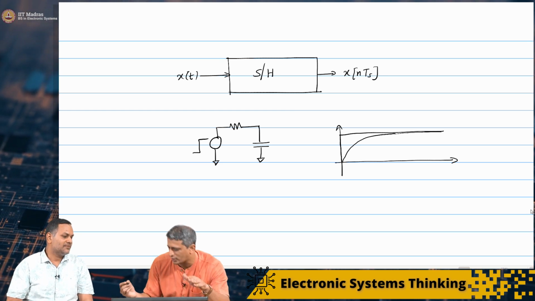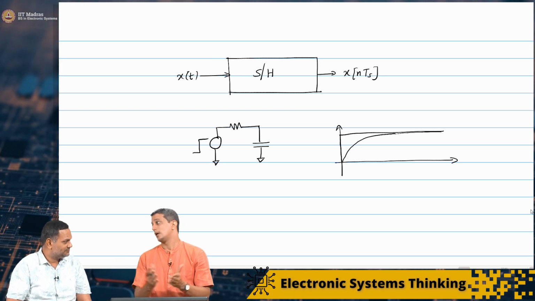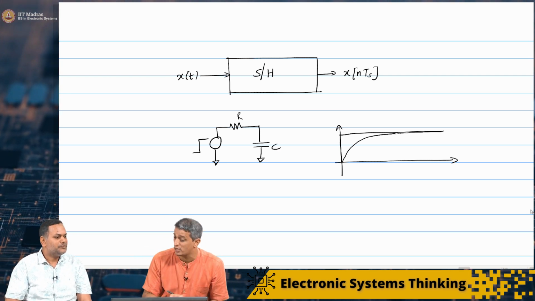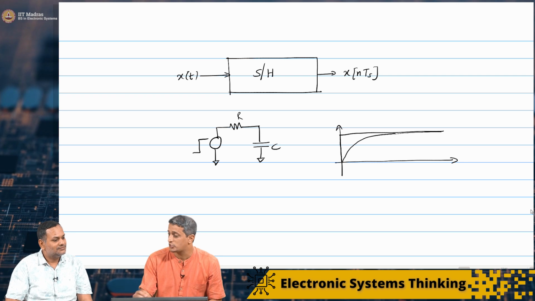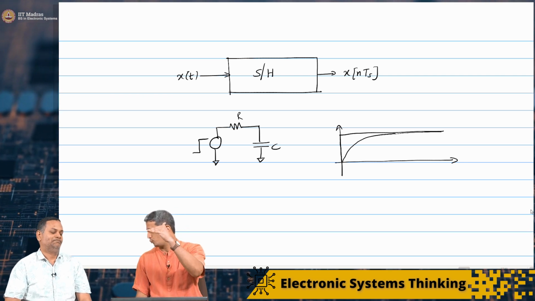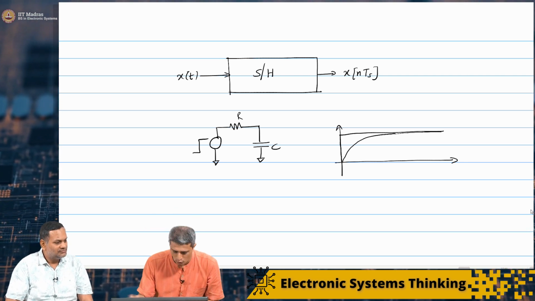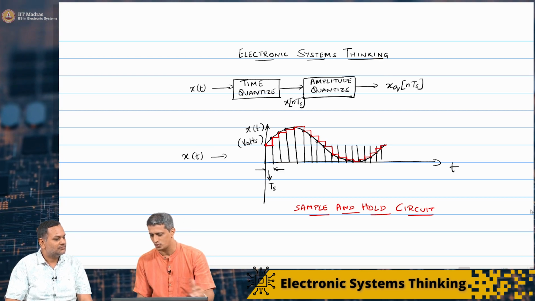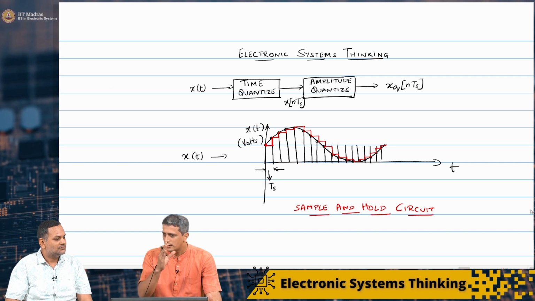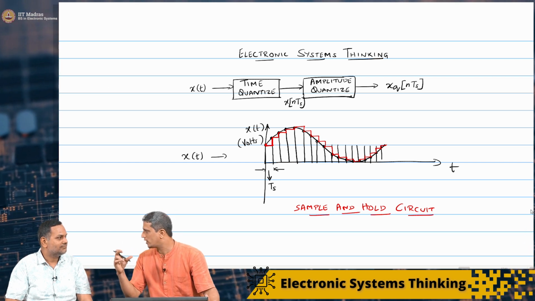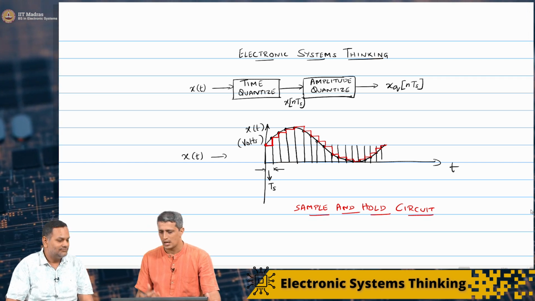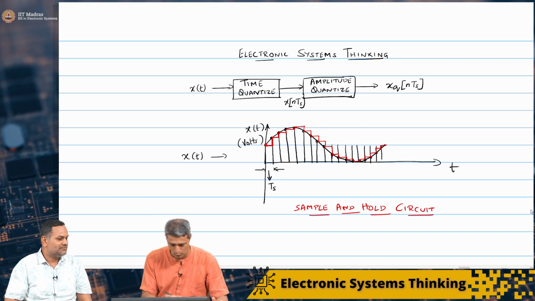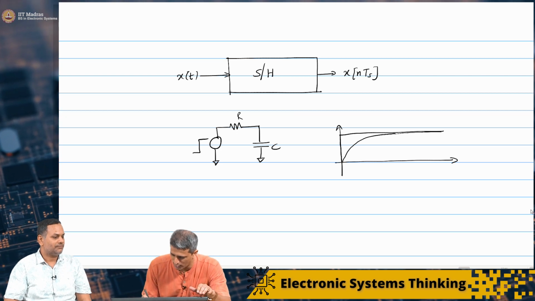If you give it enough time, and enough is based on the time constant RC, it will simply charge to that final value. So you can view this sample and hold as each one being a different DC voltage, like a step function, and there is enough sampling time. It's slow enough. Right, so that's what we are going to do here.